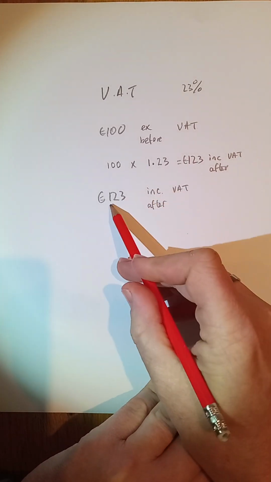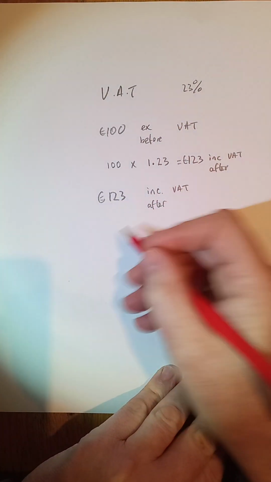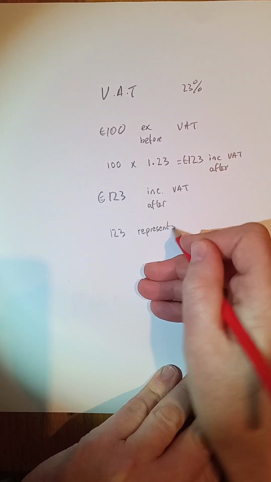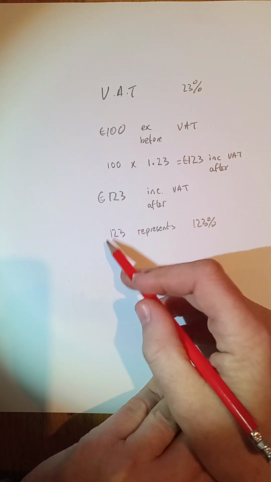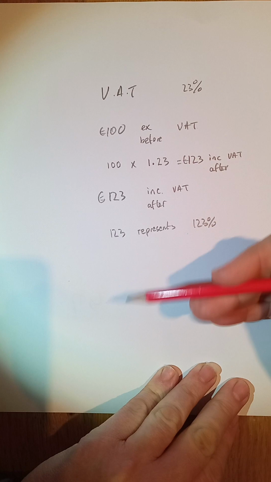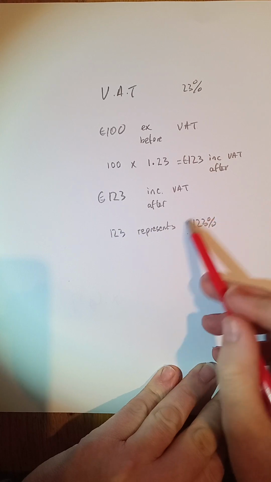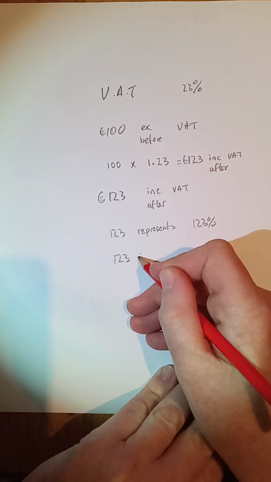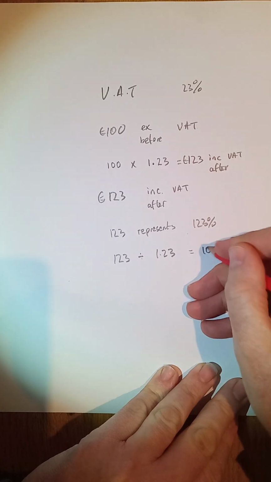So in order to find out how much it was before or excluding VAT, we would consider that this number, actually €123, represents 123%, because it used to be a certain amount and then you added an extra 23%, and that original amount was obviously 100% of that amount. So if this new amount represents 123% and you want to go back to before, you would just do the reverse, 123 divided by 1.23, and again that will bring you back to 100.